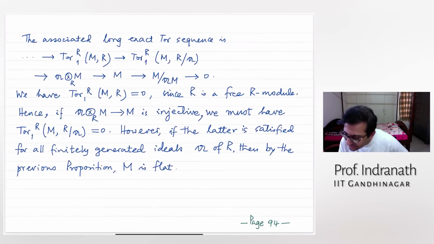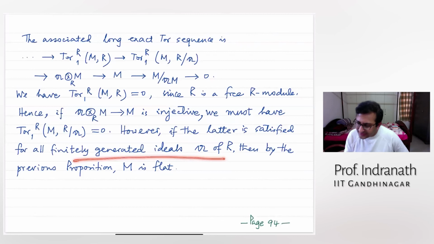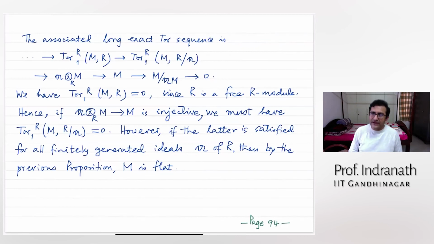You have tensored with M, and then the TORs have come here. You have the 0 condition here for finitely generatedness. You have that 0 here because R is free. So automatically, therefore, this is injective, and we must have, therefore, this is 0. And however, the latter is satisfied for all finitely generated ideals, then by the previous proposition, M is flat.